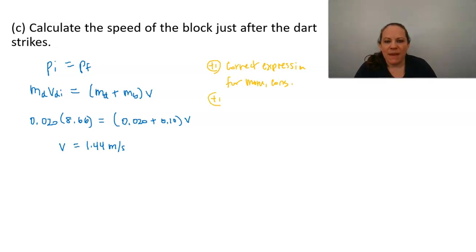Our next point will be that second line for a correct expression for a totally inelastic collision between the dart and block.